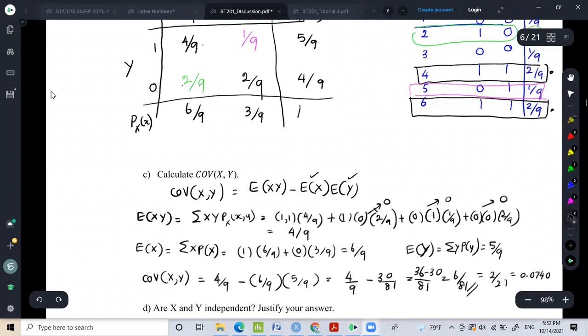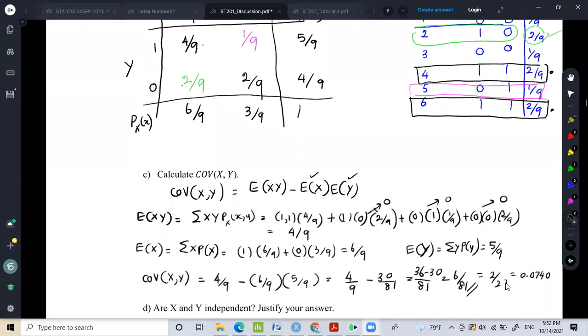Now in this question, it's not asking you to interpret it, but as statisticians, we usually interpret our results. So having a covariance, now this is a positive one. With the covariance, you can only explain the sign, because the covariance depends on the units. We cannot say anything about the strength, whether it is strong or weak or moderate. Only the correlation will give you an idea about the strength of the association.